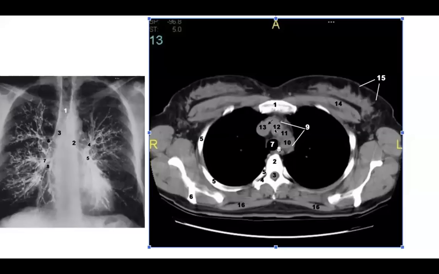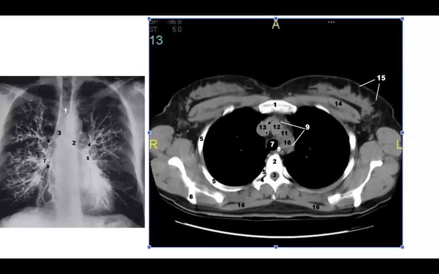So number 12 is brachiocephalic trunk. What would 13 be? Is it the ascending? No, it would not be. SVC. Excellent. Who said that? Okay, that was a good answer.